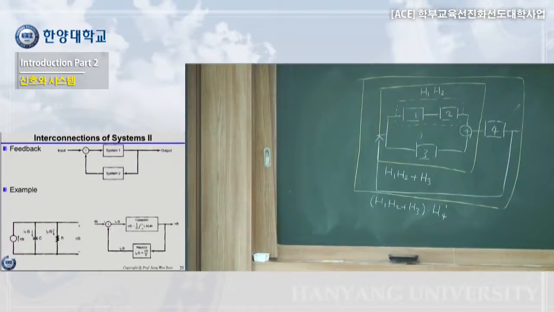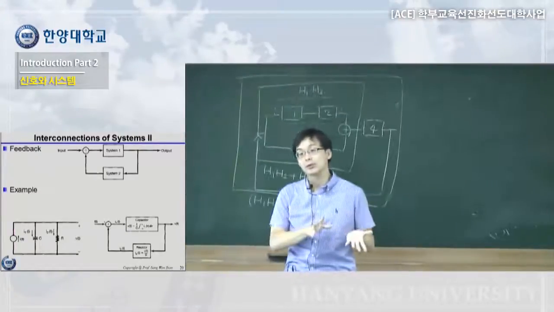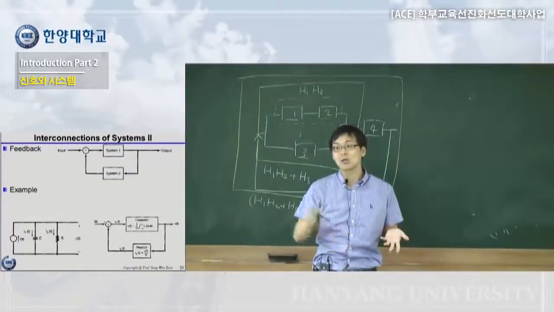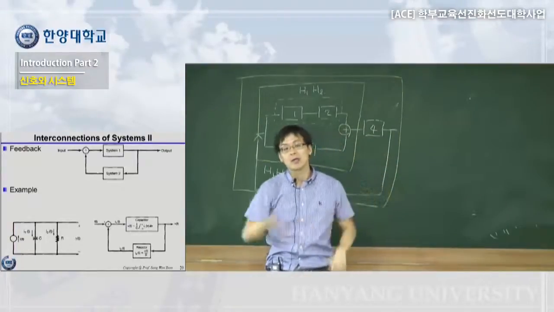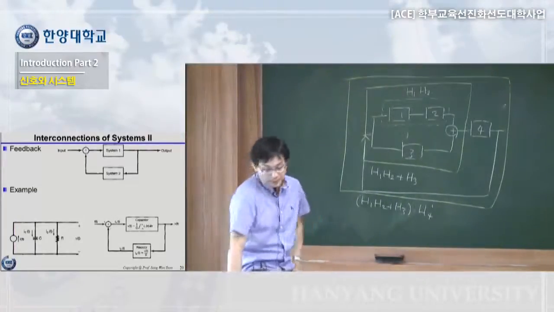In here, feedback means sometimes output goes to input. This is very important in control systems, because we want to monitor the output. If the output is the same as the input, the output is the same as what we designed. So we keep on checking the output, feed it back to the input, and control the input so that we can adjust the output. That's how we use a feedback system. Example.